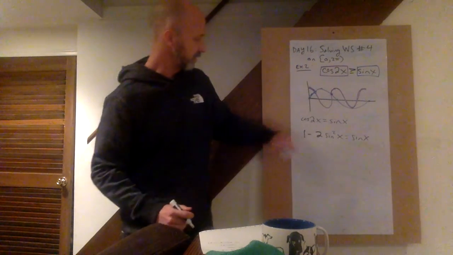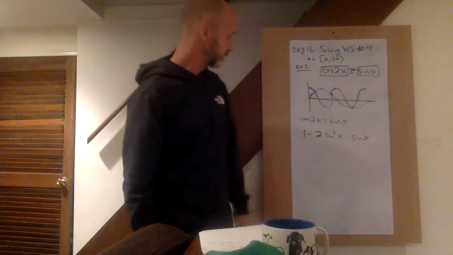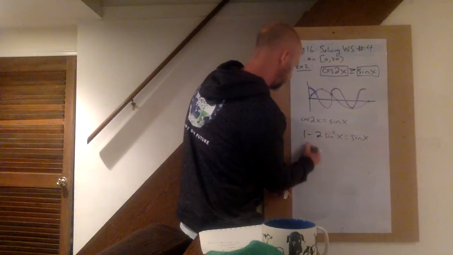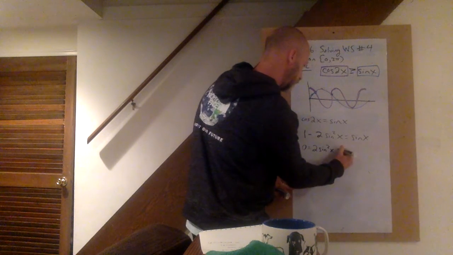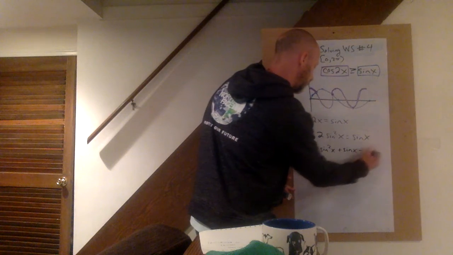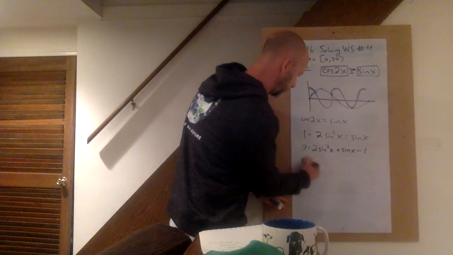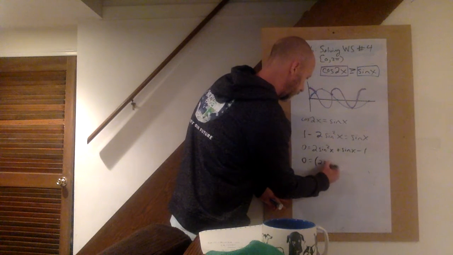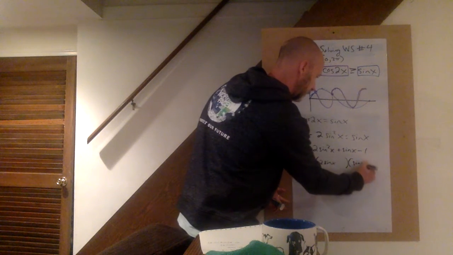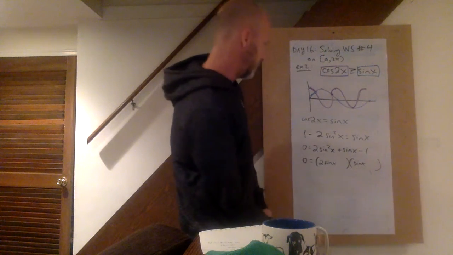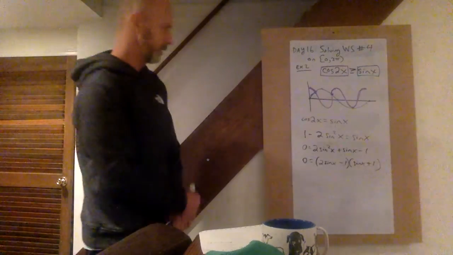So cosine of 2x is equal to 1 minus 2 sine squared. So now 1 minus 2 sine squared is equal to sine. When I group everything on the same side, I get the quadratic form 2 sine squared plus sine minus 1 equals 0. I believe that factors. So we say 0 is equal to 2 sine x and sine x. And then we get a minus 1 and a plus 1, just like that. That's great.